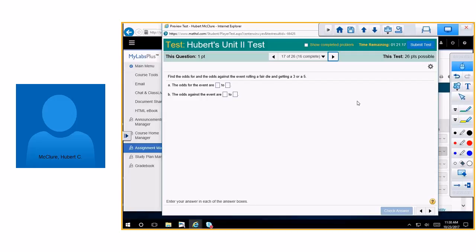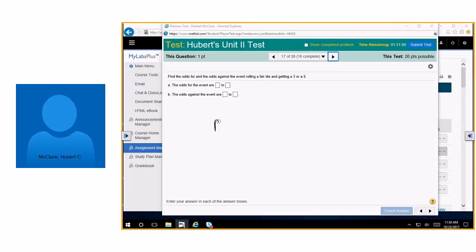Therefore, probability of failure is what?